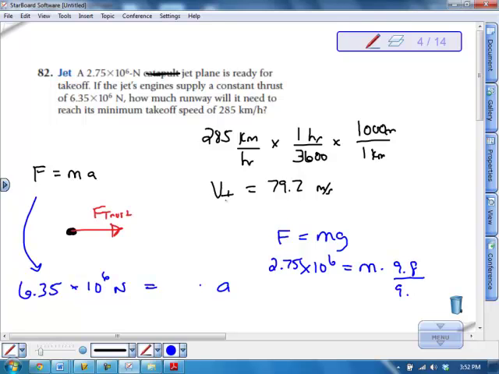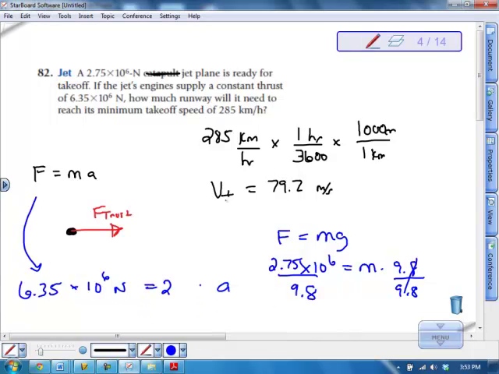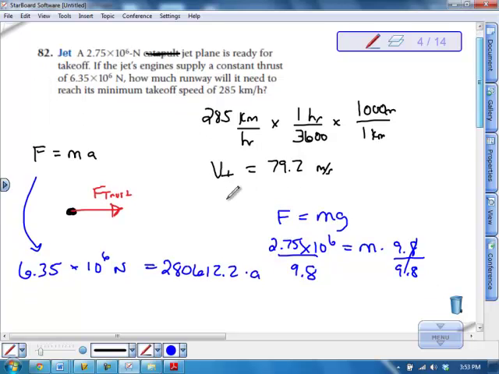So I'll have to use that to find the mass. Divide both sides by 9.8. And I get the mass of this plane is about 28,000, I'm sorry, 280,000 and 612.2 kilograms times the acceleration. There's F equals ma now, right here.